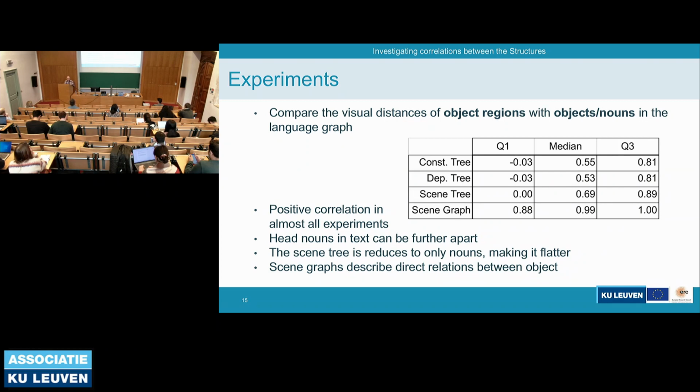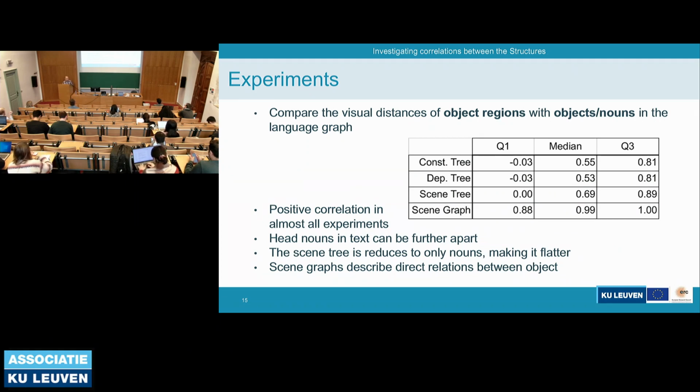By just focusing on the head nouns of the sentence, we get a more flat and more correlated structure aligned with the image distances. And for the scene graph, we get very high correlation.